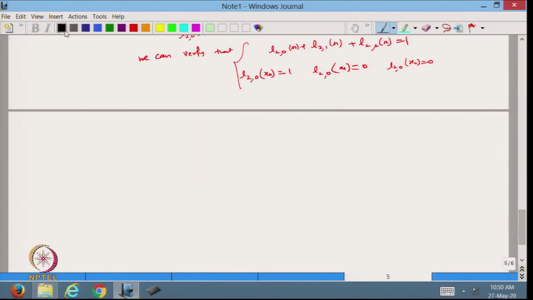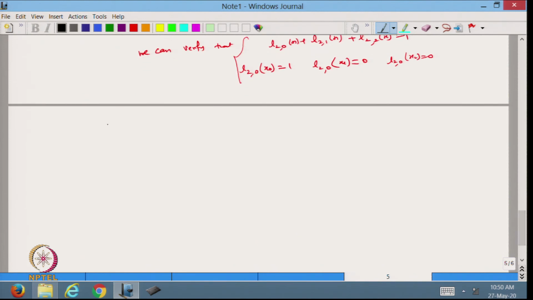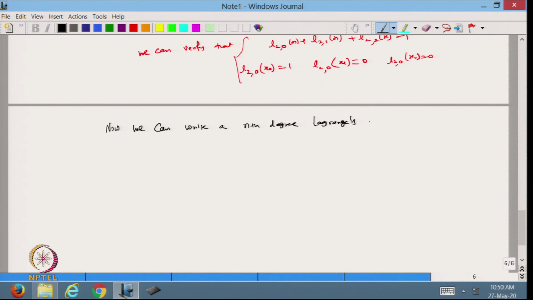So from here now I will try to write down the general Lagrange interpolation. So now we can write an nth degree Lagrange interpolating polynomial.